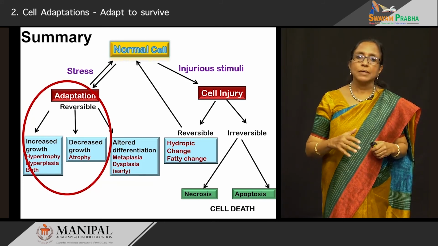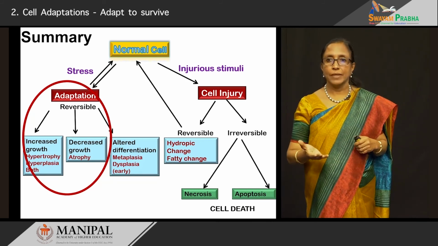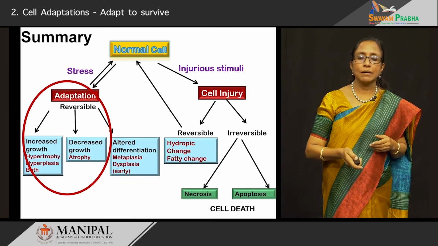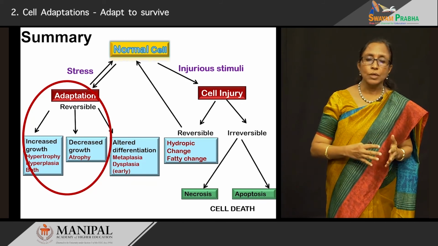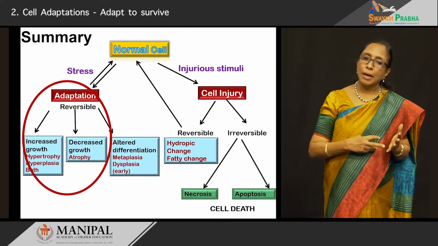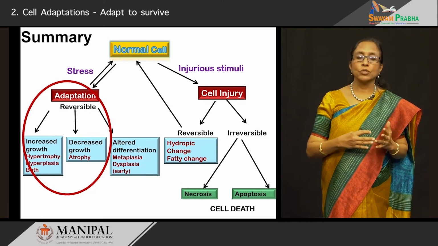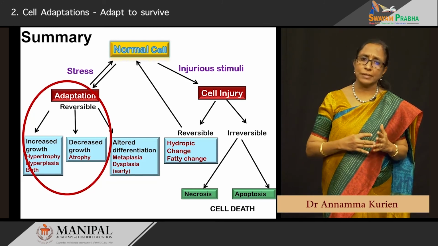Because of that, they have all undergone an adaptation to survive. There can be structural changes, functional changes, and most of these are reversible, and we have seen situations where there is increased growth in the form of hypertrophy, hyperplasia, or combinations of the two, or decreased growth where there is atrophy. That is what we have looked at today.